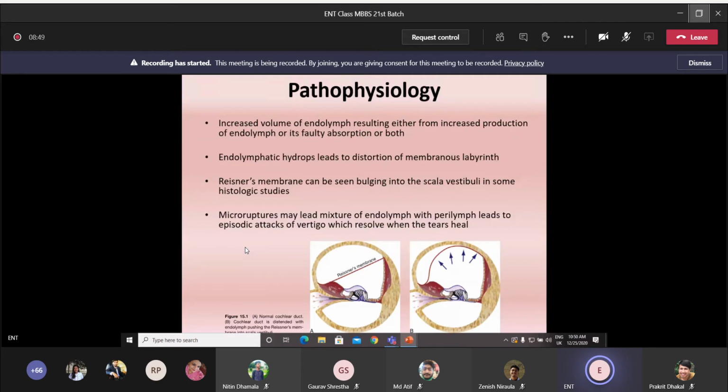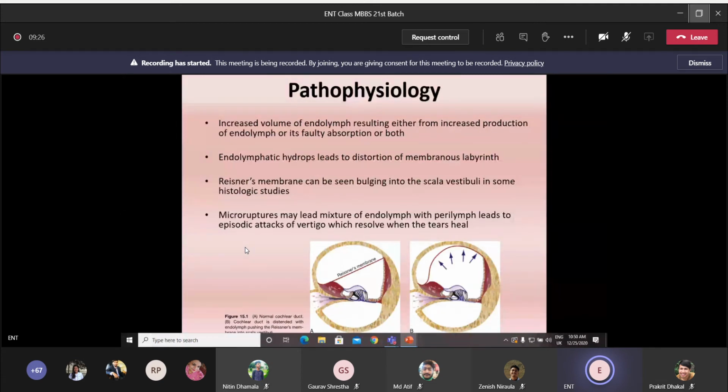As we said, it is produced by the stria vascularis, whereas it is absorbed by the... who knows? The endolymphatic sac. So the problem here could be either increased production or decreased absorption, or sometimes both.